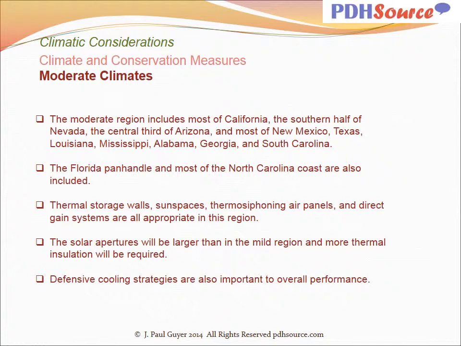Thermal storage walls, sun spaces, thermosiphoning air panels, and direct gain systems are all typically appropriate in this region. The solar apertures will be larger than in the mild region, and more thermal insulation will be required. Defensive cooling strategies are also important to overall performance.